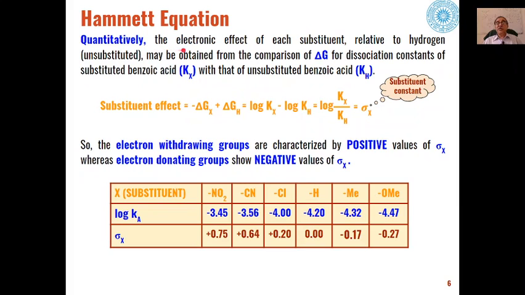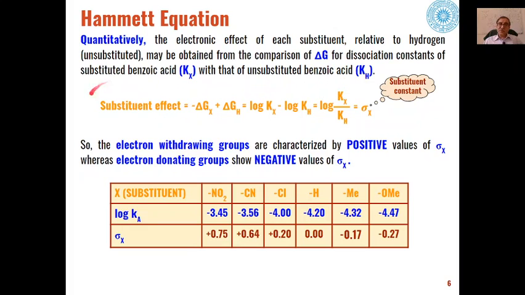Quantitatively, the electronic effect of each substituent relative to hydrogen, where hydrogen means the unsubstituted substrate, may be obtained by comparison of delta G for the dissociation constant of substituted benzoic acid with that of unsubstituted benzoic acid.